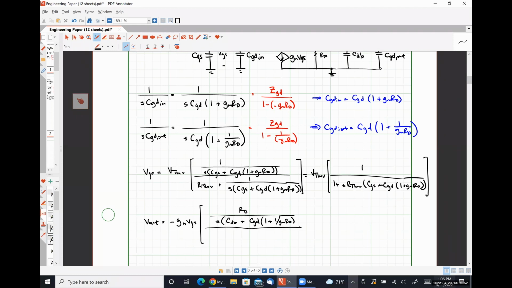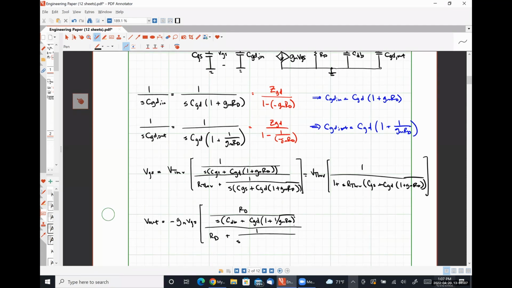And then the denominator of that is going to look like RD plus 1 over S, sorry, I needed another parentheses there, CDB plus CGD times 1 plus 1 over GMRD, close there.